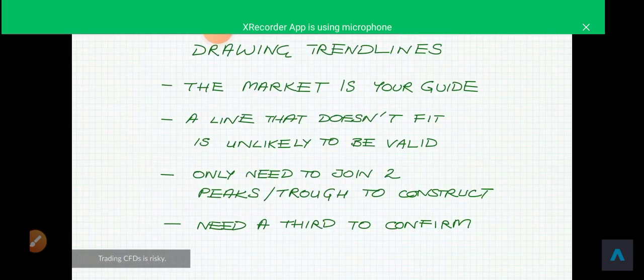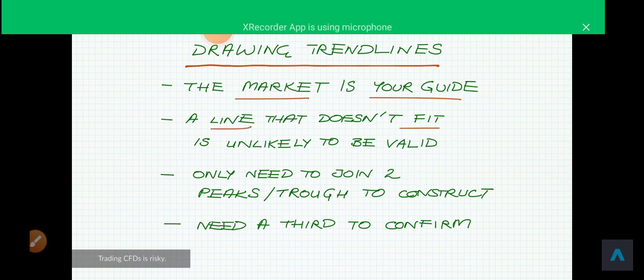Just to go over some further guidelines then for drawing trend lines, some of which we've already touched upon. Ultimately, the market is your guide. So the market has to really dictate what the line does, not the other way around. So if your line doesn't fit what the market has done, it's unlikely to be valid anymore.